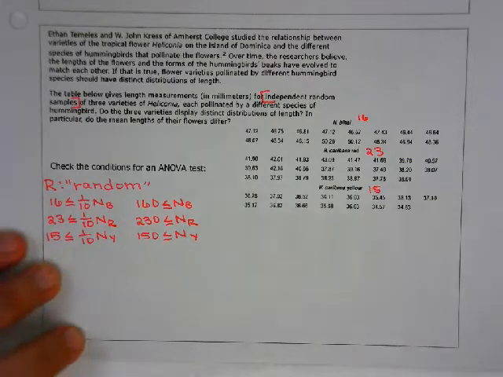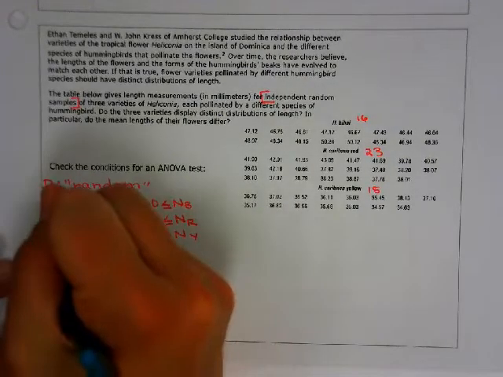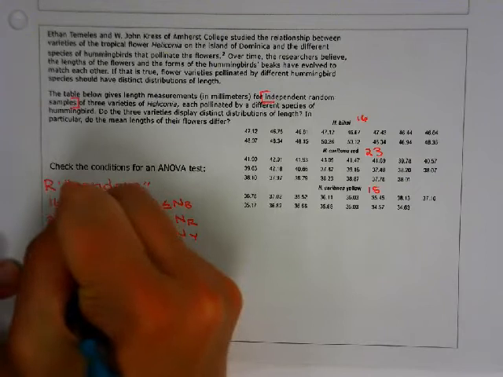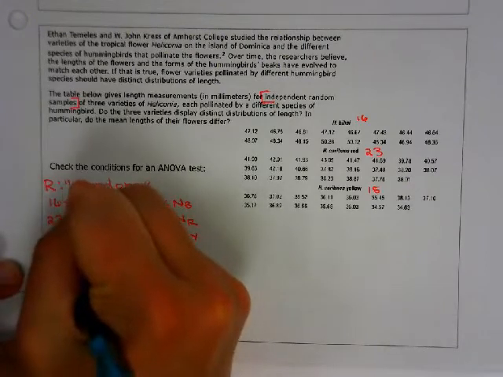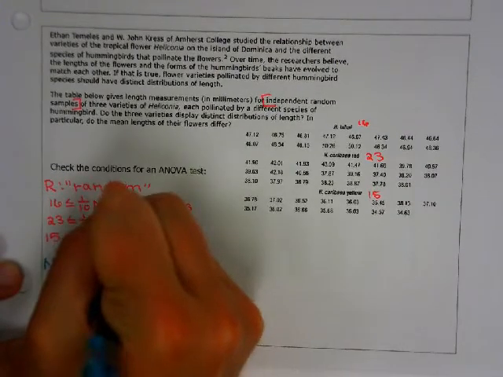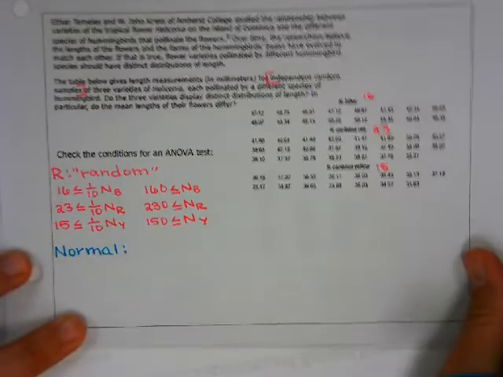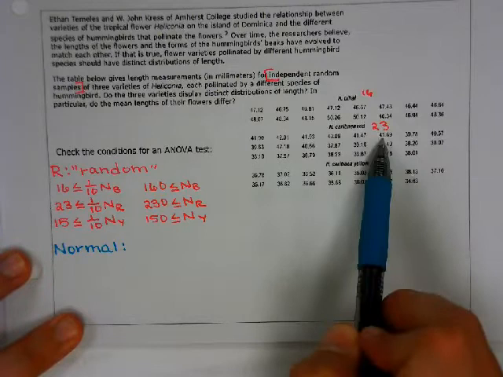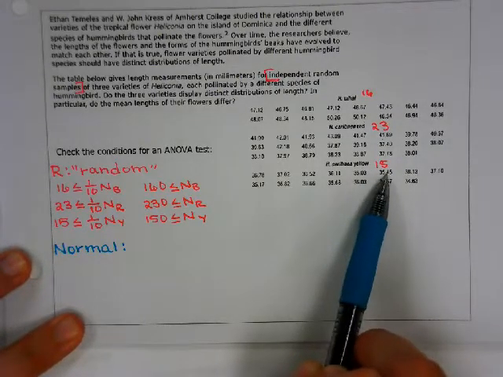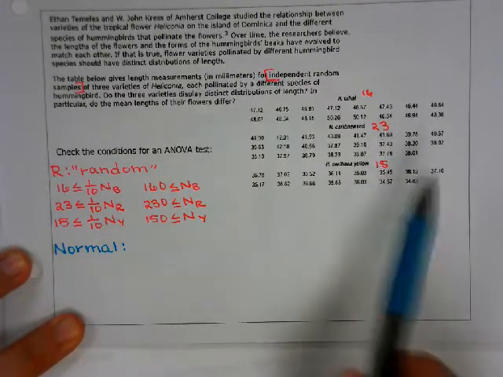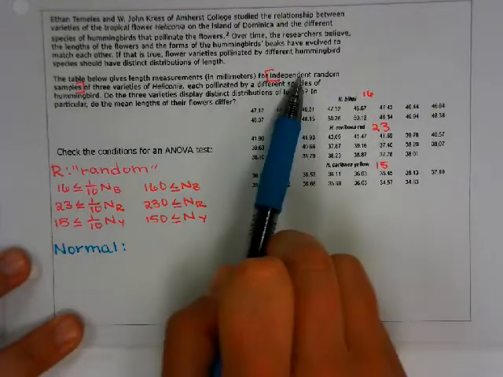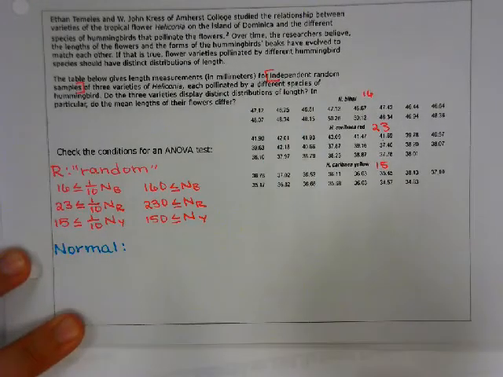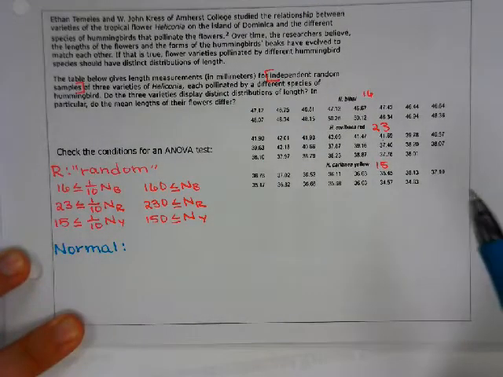I don't know why I wrote normal out instead of just doing the N, but I did. None of these have greater than 30. It doesn't say they follow a normal distribution up here, so we have to graph them to assess their normality, which I already had you do. Did any of them have extreme skewness or outliers?